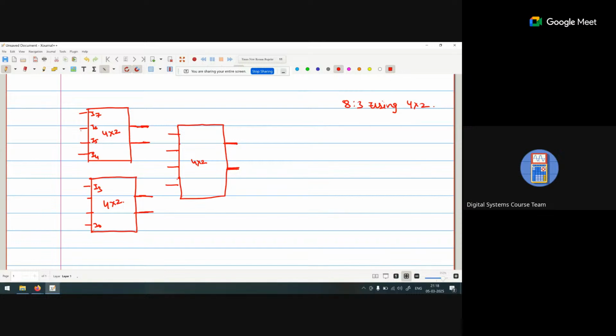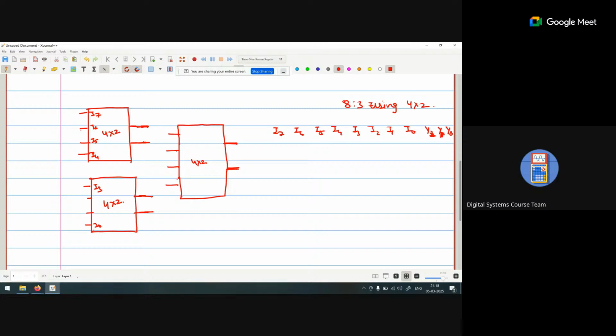Now please check the inputs I7, I6, I5, I4, I3, I2, I1, and I0, and the outputs Y2, Y1, and Y0.